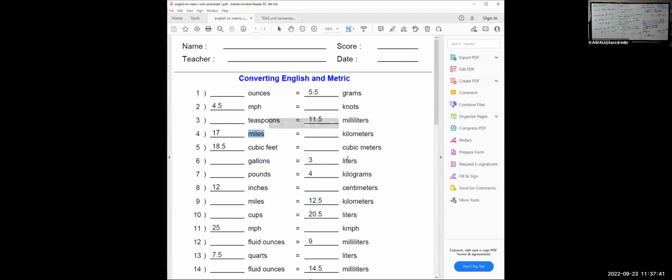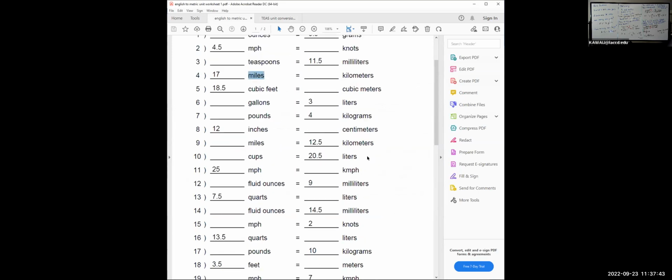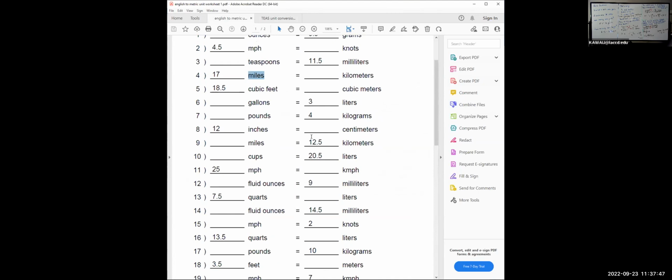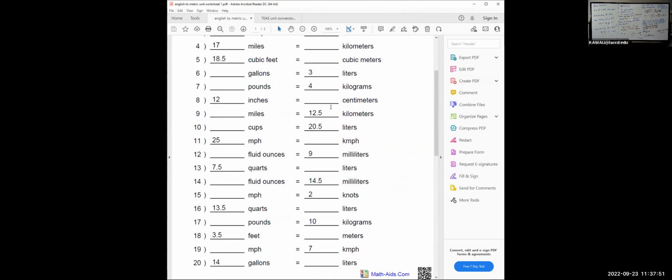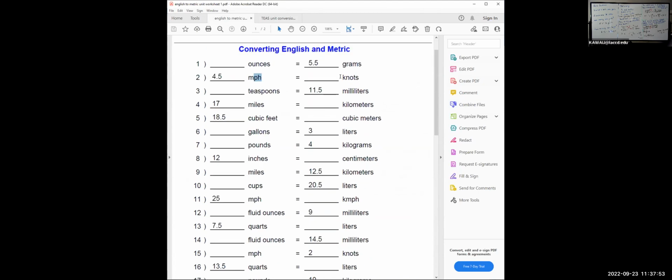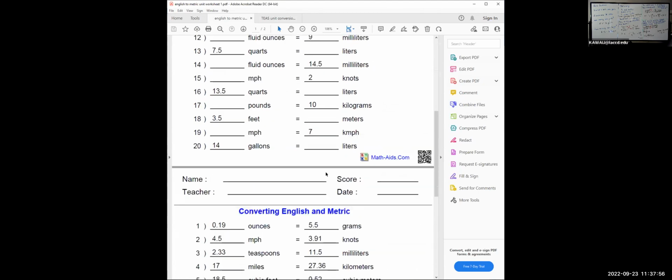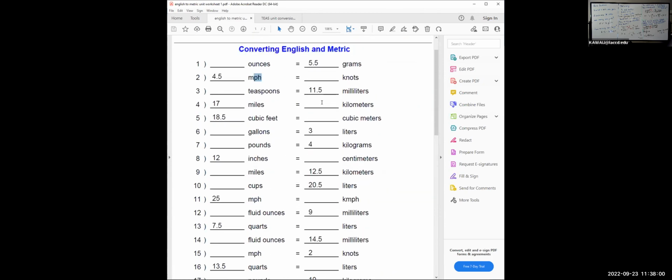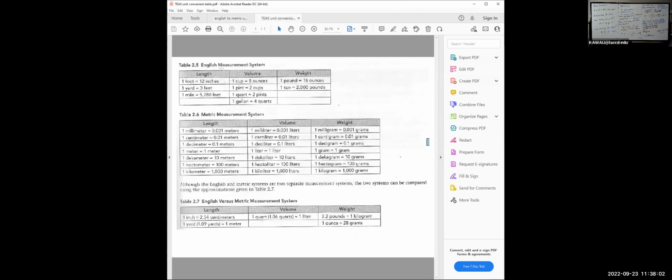You don't have to worry, ignore them. Okay, there are no miles on your exam. So anything that says miles per hour, don't worry about it. You're not using it. So miles per hour, knots, anything that has miles in it, forget it. Okay, so let's look at this.